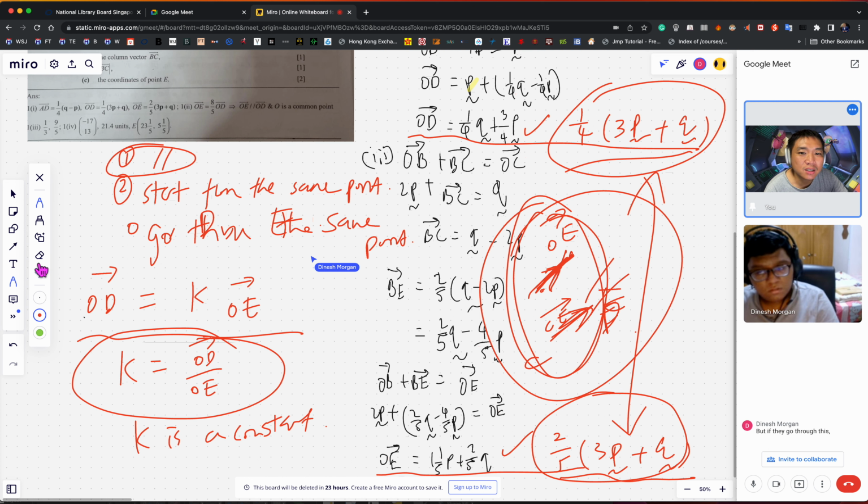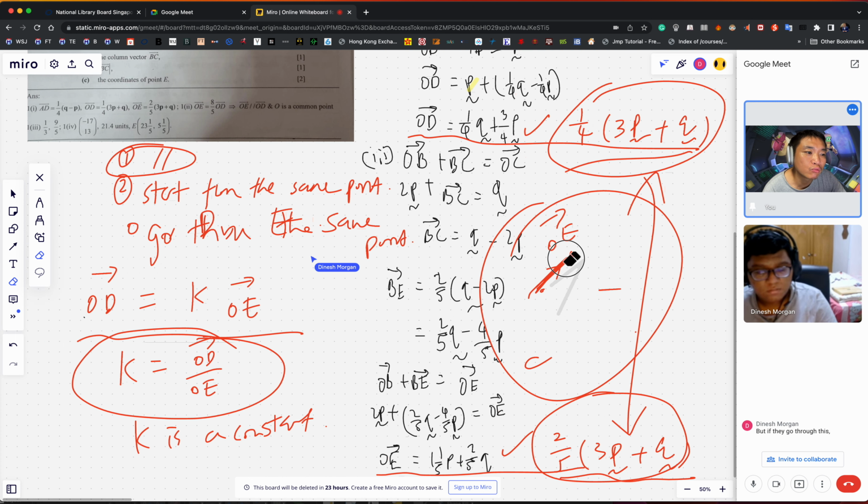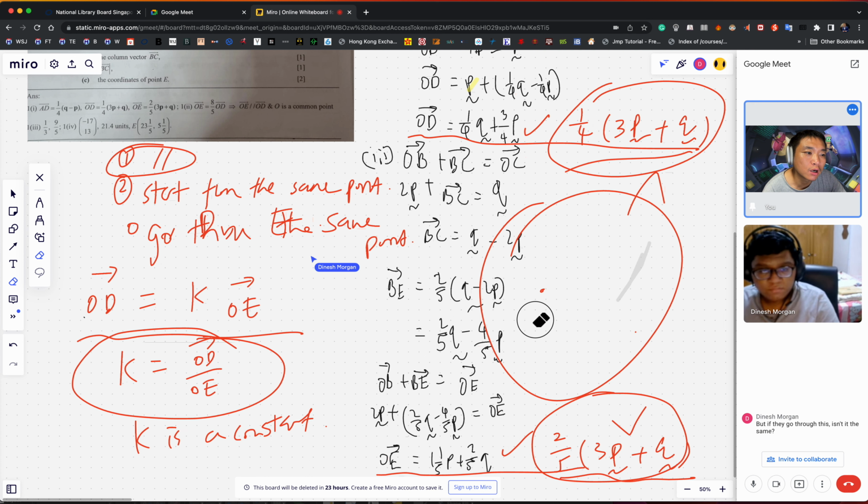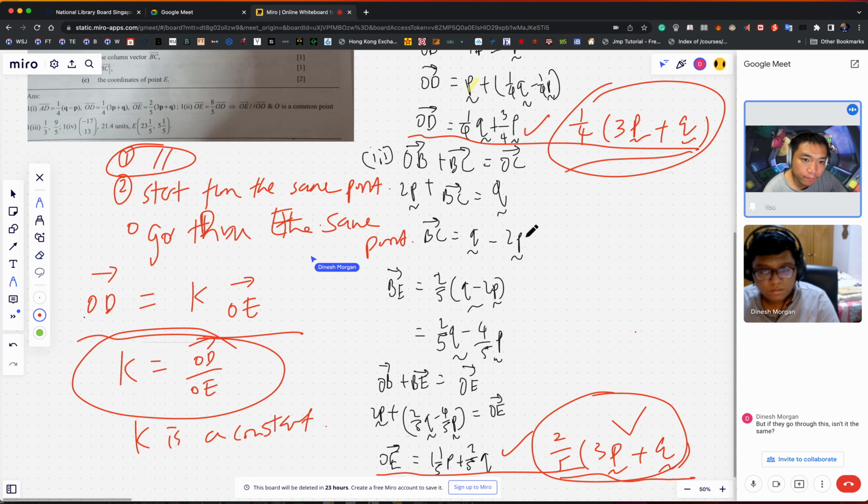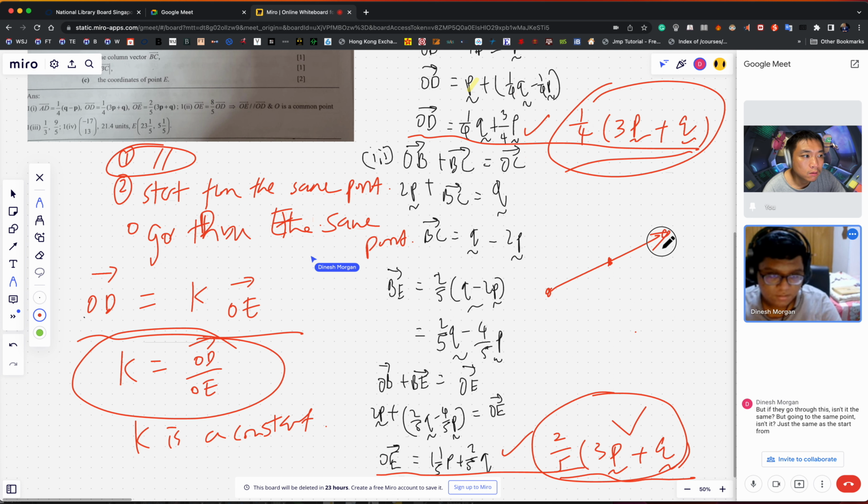It really depends how you arrange them. Going through the same point is just the same as starting from the same place?